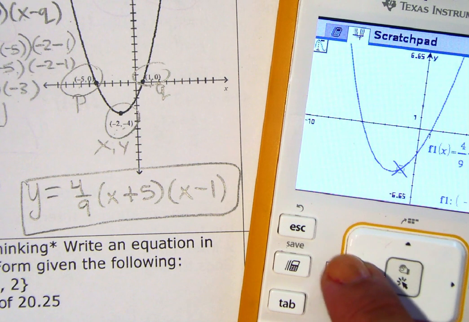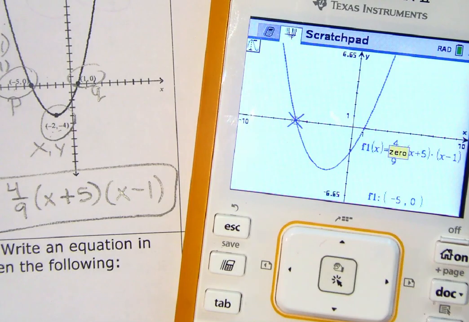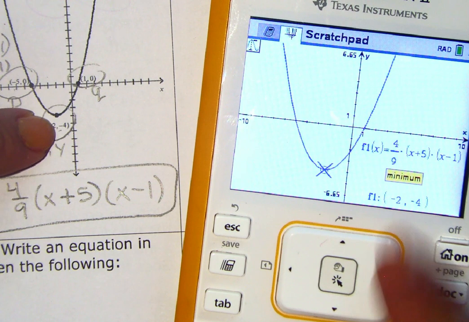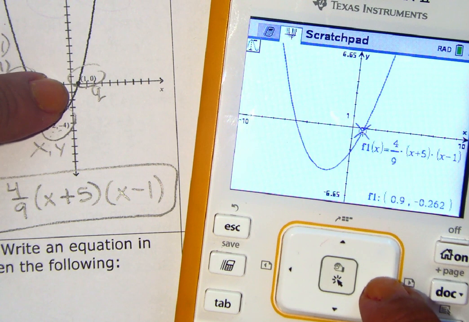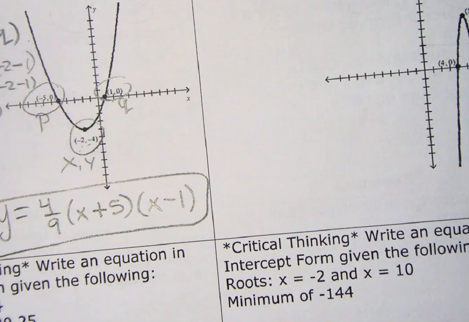And then if you go to the far left, it's going to show you the zero of negative 5, 0, which is what we have. The point of negative 2, negative 4, and then the other zero of 1, 0. So it confirms that that is our equation.